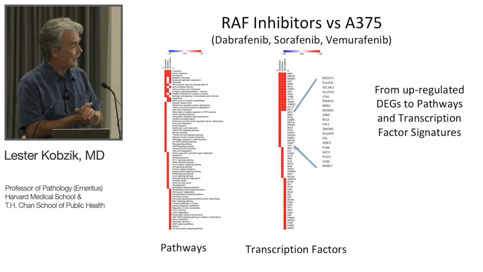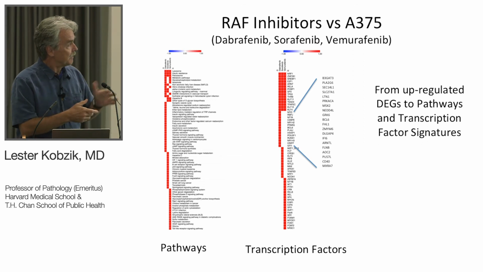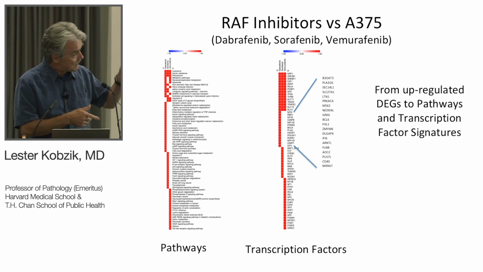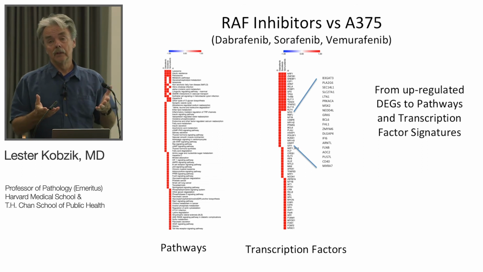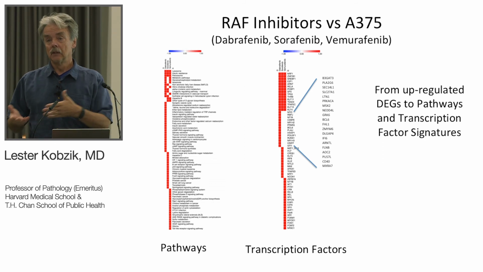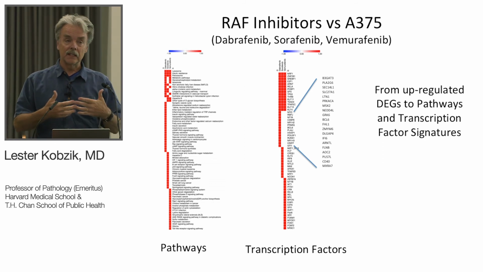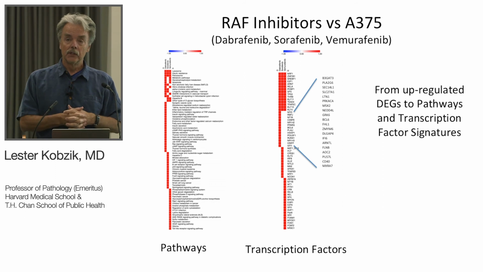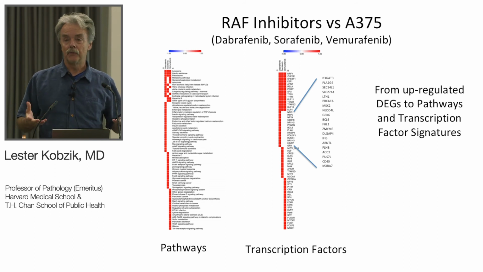And those are bracketed out here. And so, for example, for that first drug, dabrafenib, this list of genes could be a pool of potential biomarkers for response to that drug and not another. And so you could work this kind of information even further to get to a clinically useful outcome.